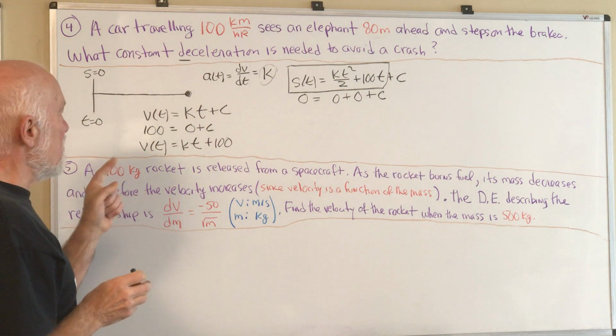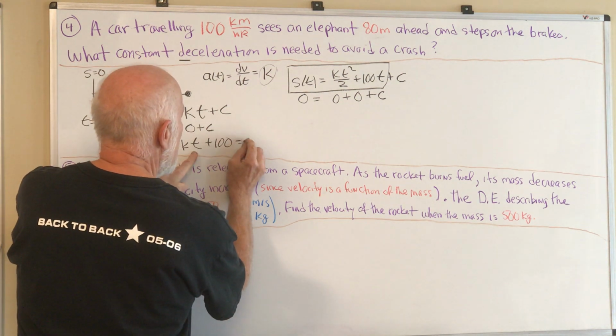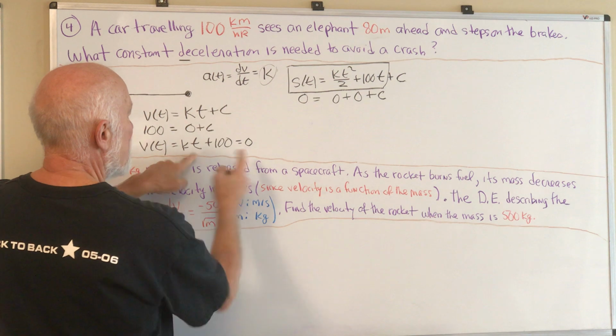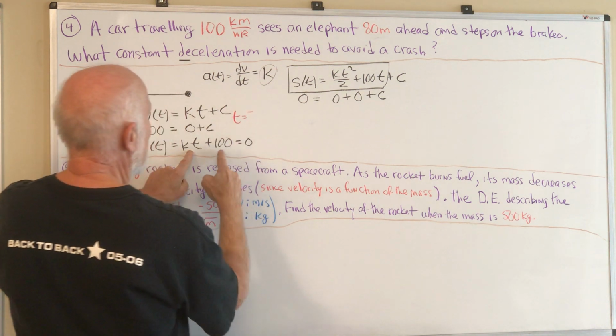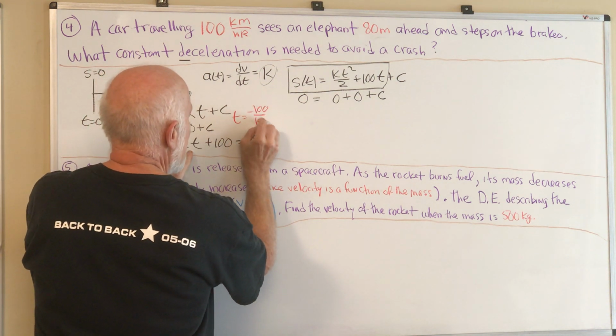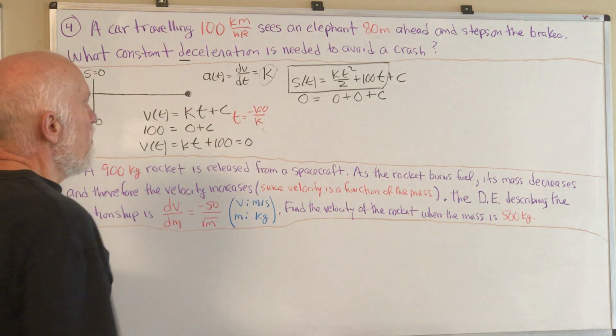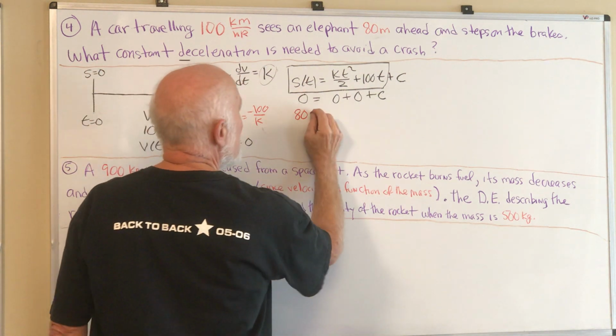So when is the velocity going to be 0? Well, if you set this equal to 0 and solve for t, you get t equals minus 100 over k.